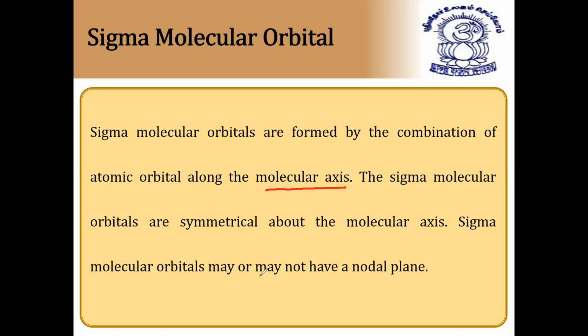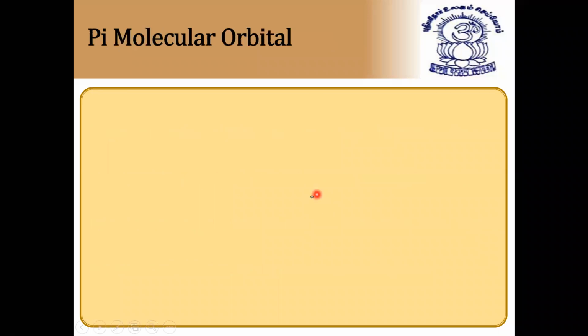Sigma molecular orbitals may or may not have a nodal plane. From this, you'll get the application topic differently, but here, as it is important for discussion, we are discussing it. So what are sigma molecular orbitals? They are formed by the combination of atomic orbitals along the molecular axis.